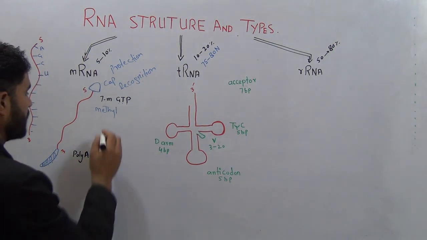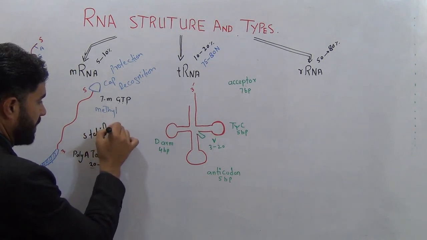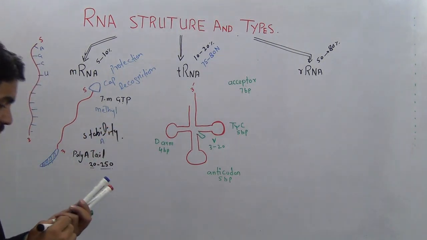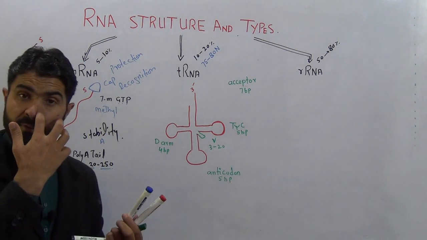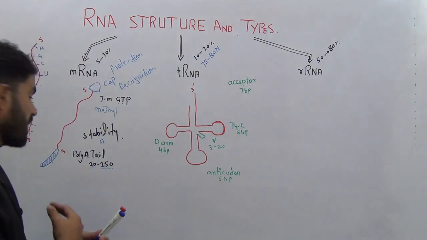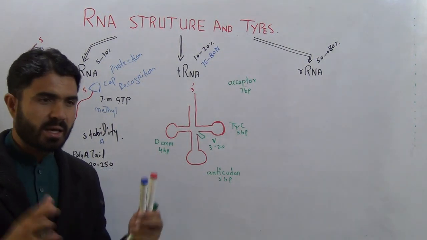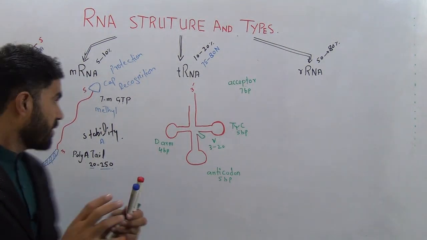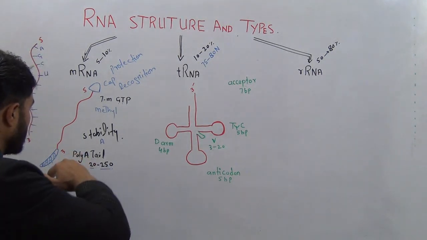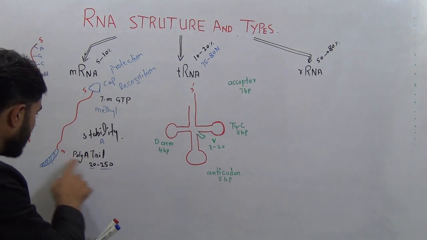Again, it provides stability. It provides stability because the messenger RNA is in a kind of harsh environment. There is a chance that the messenger RNA is destabilized, meaning some changes occur in its structure. In order to save the structure of the messenger RNA, we need a poly A tail.